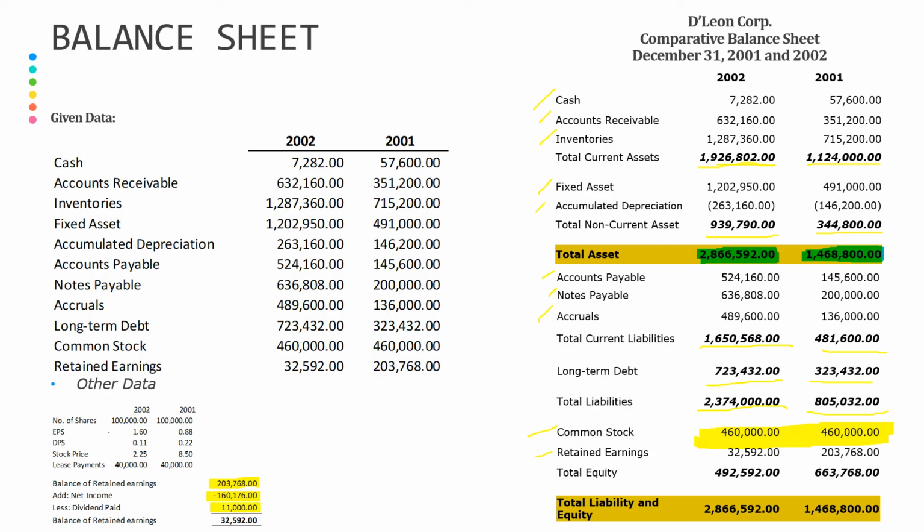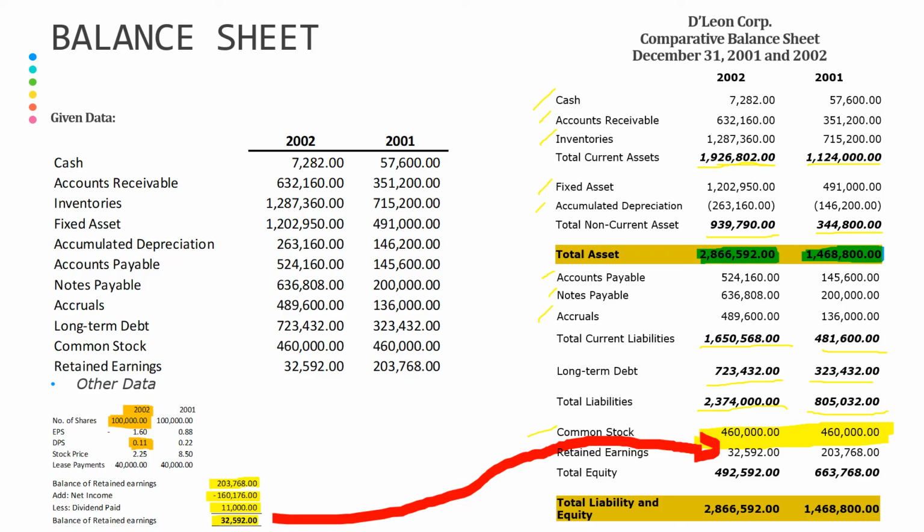Because in the data, in 2002, the DPS or the dividends per share is 0.11, and the number of shares here is 100,000. So 0.11 times 100,000 is equal to 11,000. So we have a balance of the retained earnings of 32,592. That is why we have 32,592 here.